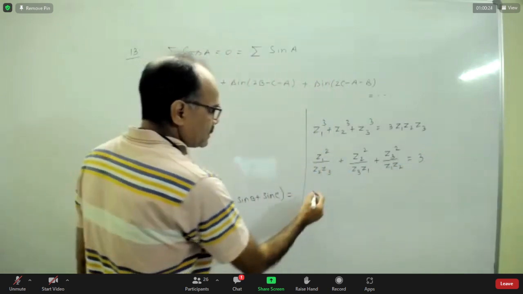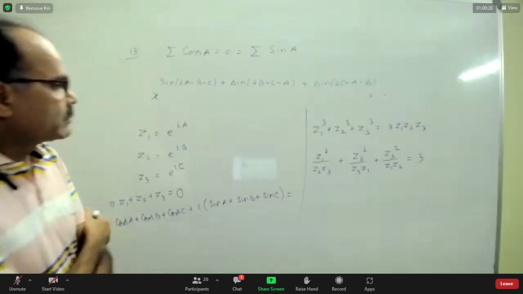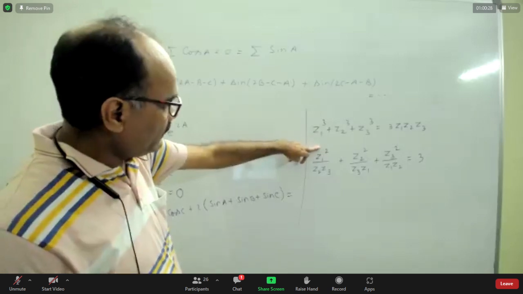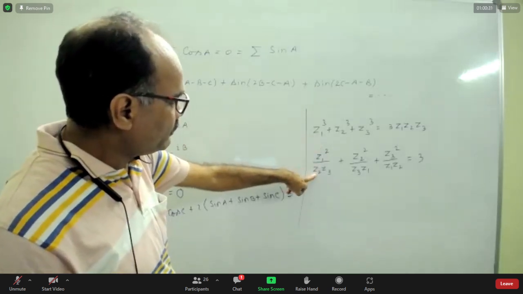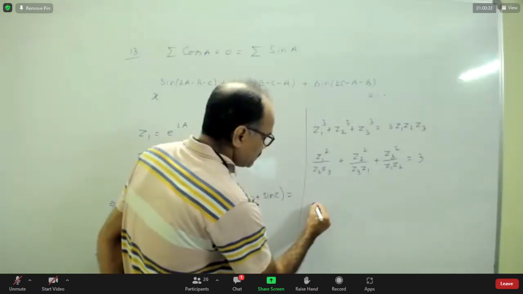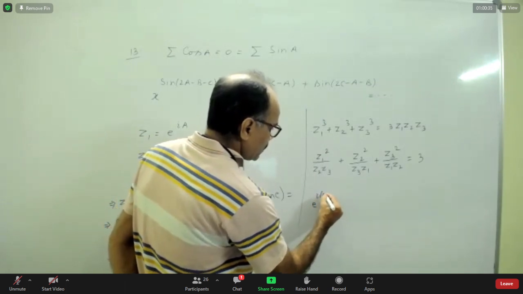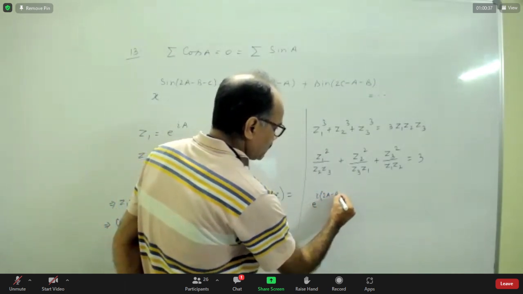This is nothing but z1 squared, e to the power 2iA, by e to the power i times of (B plus C). So this is e to the power i times of (2A minus B minus C).